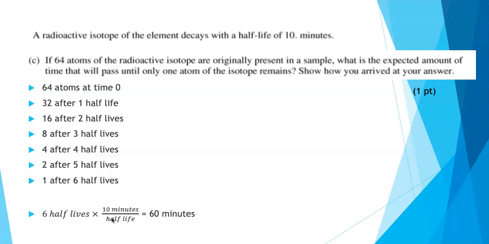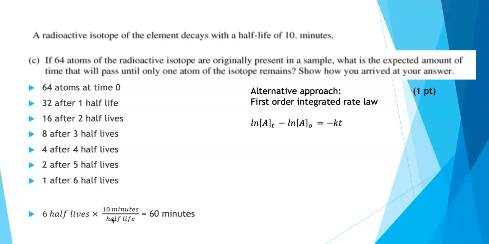This method works really well as long as you have integral numbers of half-lives, which you don't always have. It does tend to be the case in this problem, of course. But sometimes if you don't have integral numbers of half-lives, you might want to use the first-order integrated rate law, since we know that this is first-order kinetics. If you look on your formula sheet, you've got an equation: ln of A_t minus ln of A_0 equals negative kt.